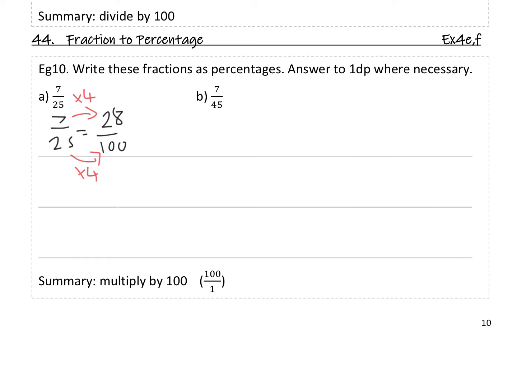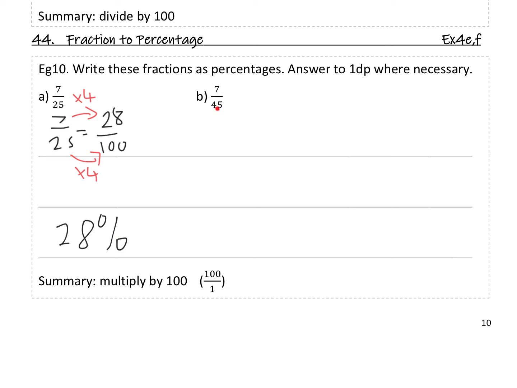So 7/25 is the same as 28 hundredths. And we know a percentage is out of 100, so we can simply read 28 hundredths to be 28%. That works well because 25 divides into, or is a factor of, 100.